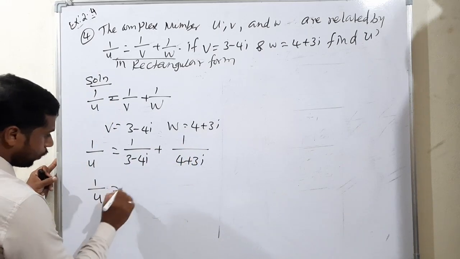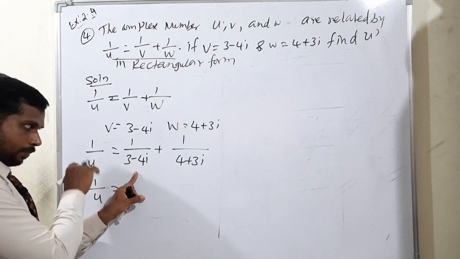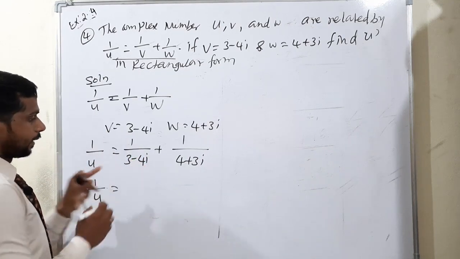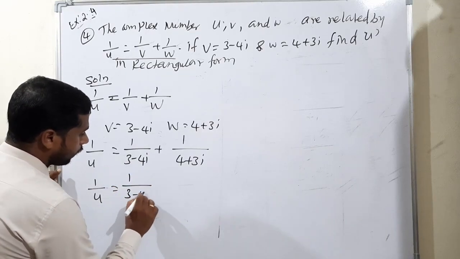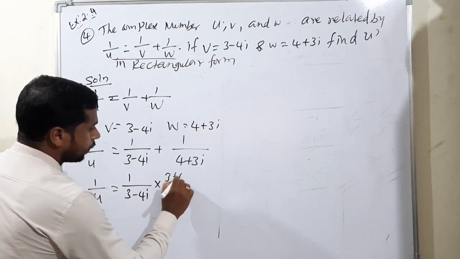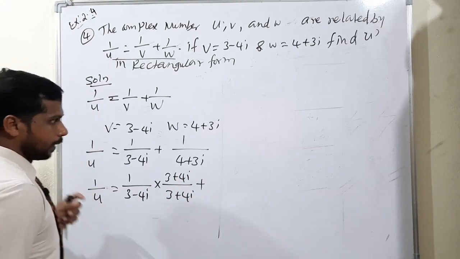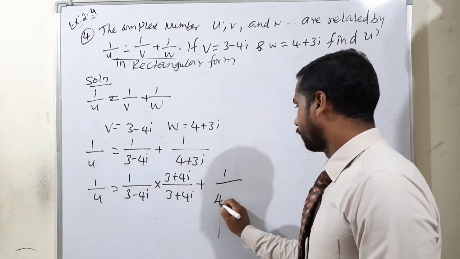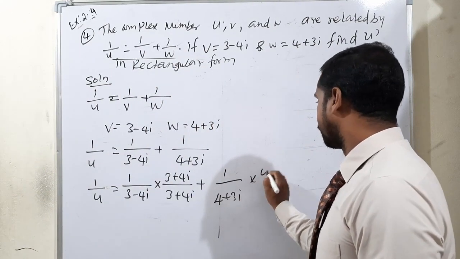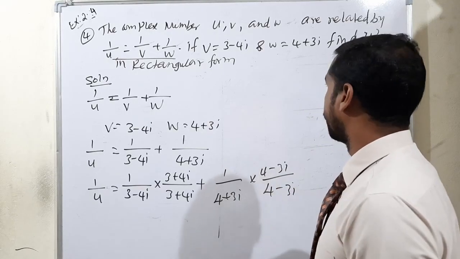So 1/u is equal to, this is not in standard form, so we have to multiply by the conjugate term on both sides. 1/(3 − 4i) × (3 + 4i)/(3 + 4i), plus the next term 1/(4 + 3i) × (4 − 3i)/(4 − 3i).